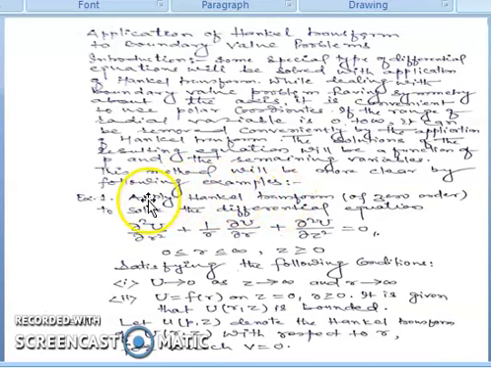So let us take the example. Apply Hankel transform of zero order to solve the differential equation del square u upon del r square plus 1 by r del u upon del r plus del square u upon del z square equal to 0. Here 0 less than or equal to r less than or equal to infinity and z is greater than or equal to 0, satisfying the following conditions.